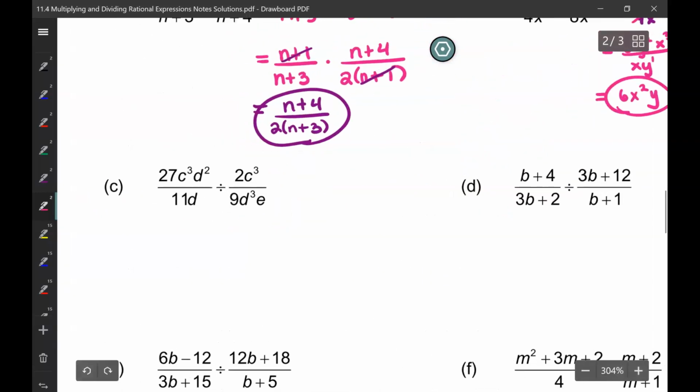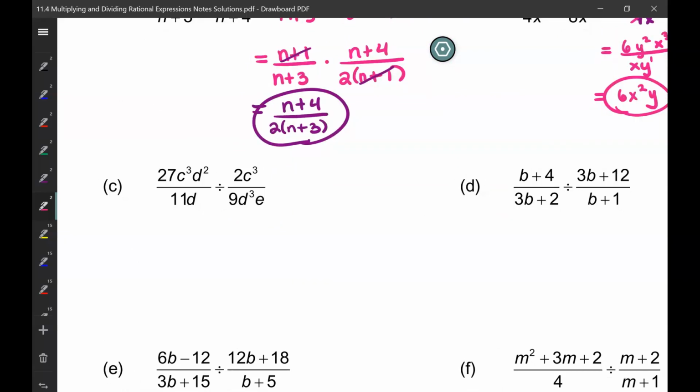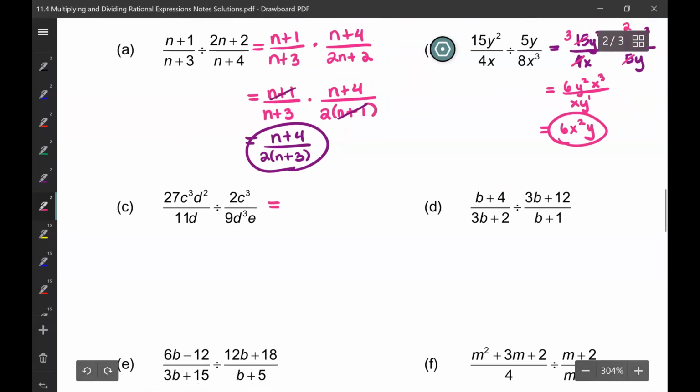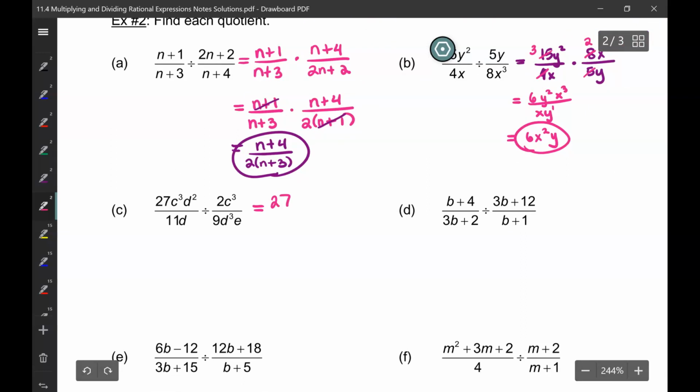Okay, so let's take a look at the next one. First thing, we're going to keep 27c cubed d squared over 11d. Change division to multiplication: 9de over 2c to the third.